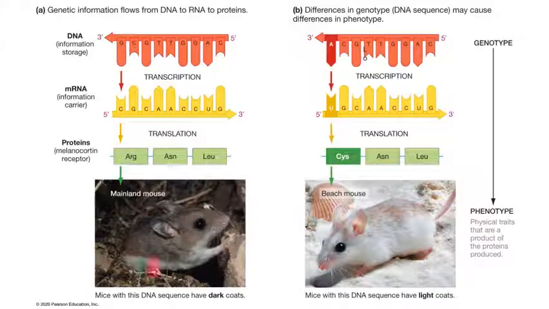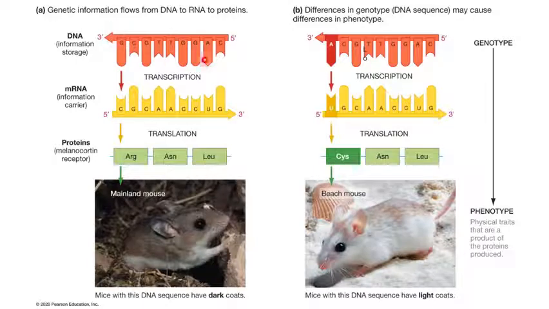Right, so the phenotype of the wood mouse is brown. The phenotype of the beech mouse is light. The genotype of the wood mouse is one allele for this melanocortin receptor that has a G here. The genotype for the beech mouse is a different allele for that same melanocortin receptor that has an A here instead of a G. And then this process of gene expression results in different versions of the melanocortin receptor protein in each mouse.